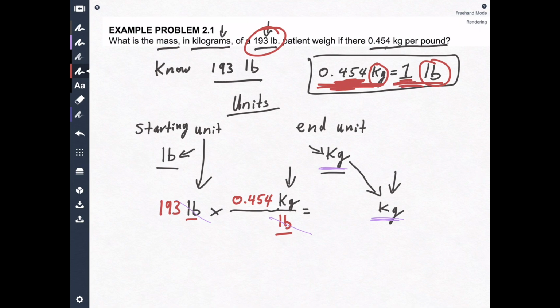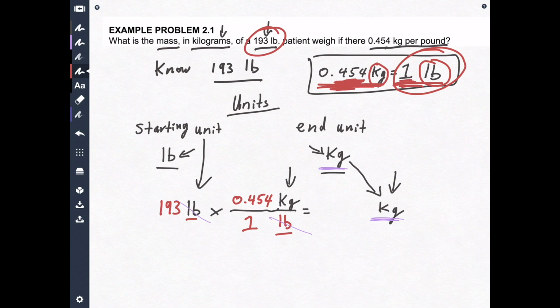The 1 must go here. Why does the 1 go there? Because it's married to the pound. Must go together. All right, now you just bust out your calculator.